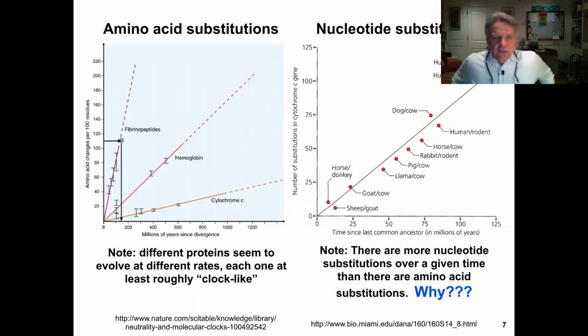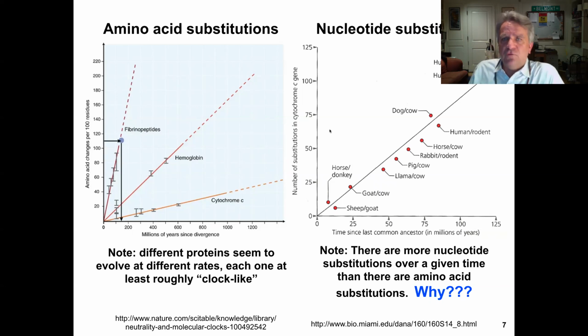Now, as we've talked about, here are the amino acid changes. Here's the time since common ancestry, showing that different proteins have different rates of molecular evolution. And at least all of these seem to be clock-like, meaning that there is a relationship that can be discerned between the amount of amino acid changes and the time since common ancestry.